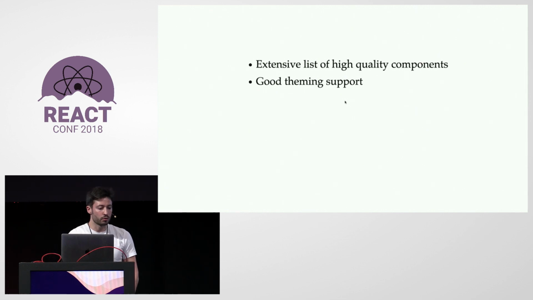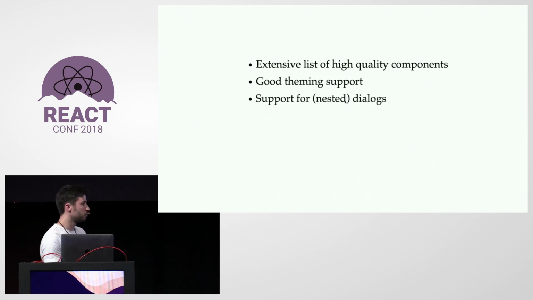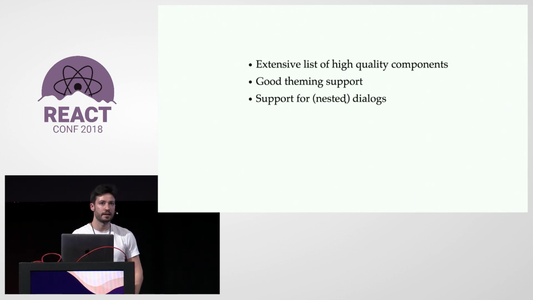The idea is that it's also a good idea to be able to, at some point, change the interface, especially for a game editor, where people like to spend a lot of time in it and like to have a dark theme, for example. Then, has it a support for nested dialogues? The idea is that here, again, the software is quite complex, so we have to open windows inside windows sometimes.